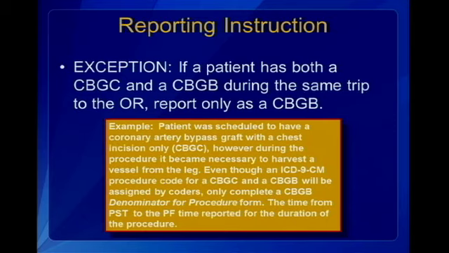During the procedure, they realized they were going to need to use a leg vein, and so they actually did a CBGB on the patient because they harvested a leg vein. So a CBGC really became also a CBGB. And when that happens, you don't send it over, obviously, as two procedures. You just send it over as the CBGB because that tells you there's the chest and the leg incision, okay? So basically, that happens sometimes.